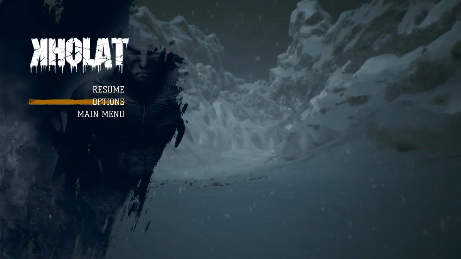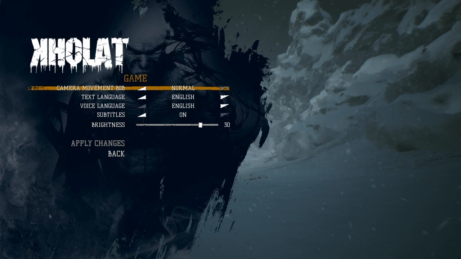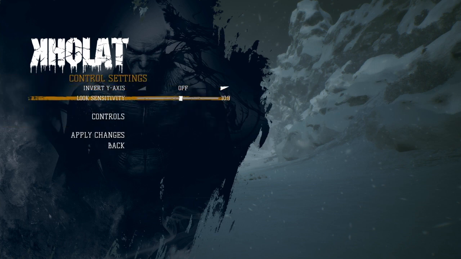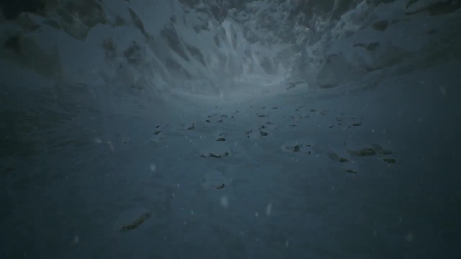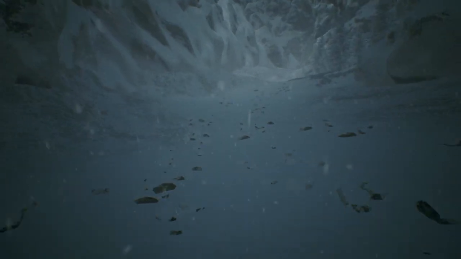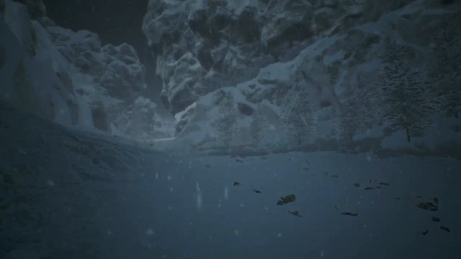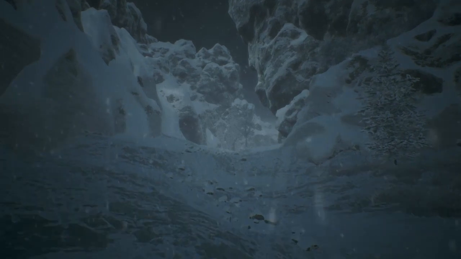I'm going to turn my sensitivity up actually, I think. Camera movement. Oh, we can't turn our sensitivity. Oh, there we go. Yeah, that was better now. So we're struggling to run up here first. Guessing we'll just follow the rocks up this area. No idea where it's gonna lead us, but there's only one way to find out.